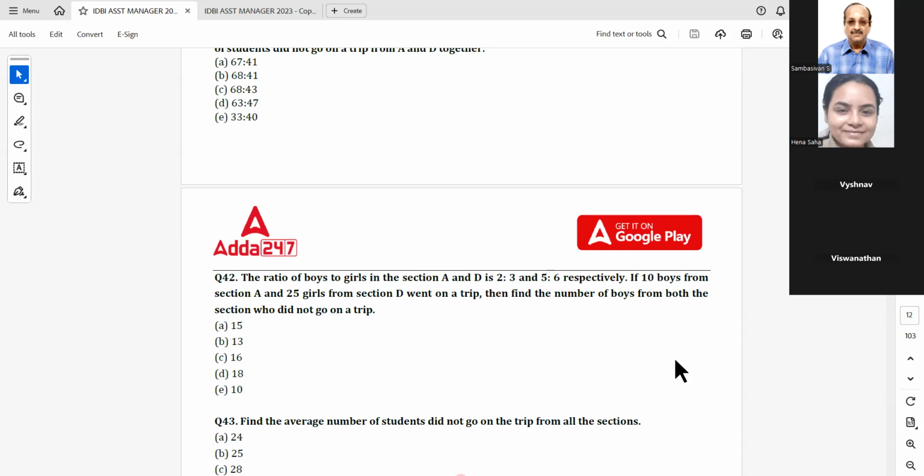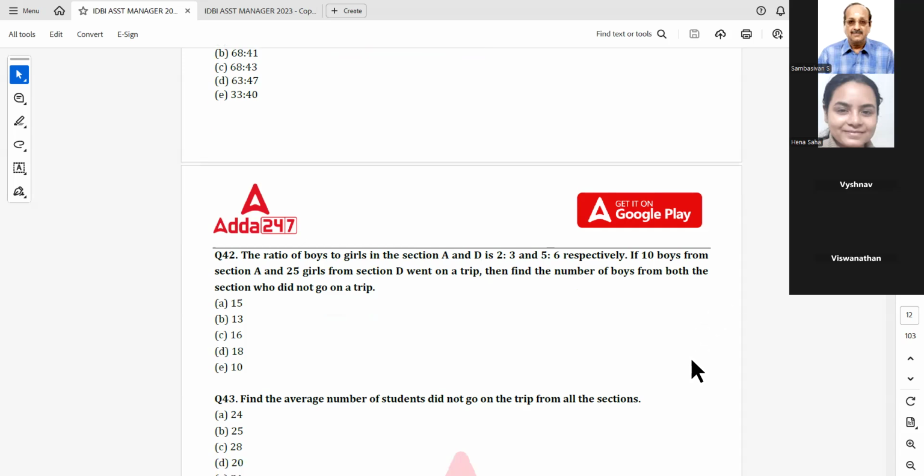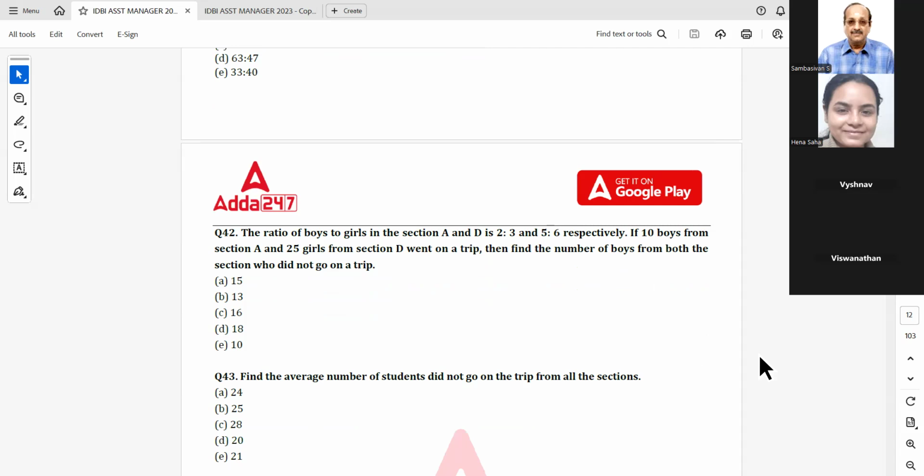Please read the question 42 and try to work out. The ratio of boys to girls in sections A and D is 2:3 and 5:6 respectively. A section, boys to girls 2:3, boys 20, girls 30.